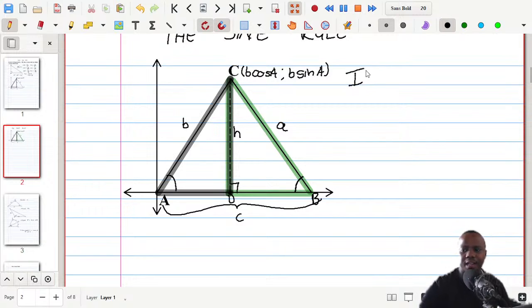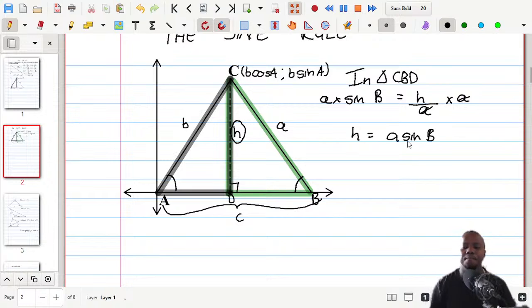So I could say in triangle CBD, B is my reference angle, H is opposite B, A is my hypotenuse. So I can say, once again, sine of B is equal to the opposite, which is H, over the hypotenuse, which is A. I'm going to multiply by A on both sides. This will cancel this. H is equal to A sine B.